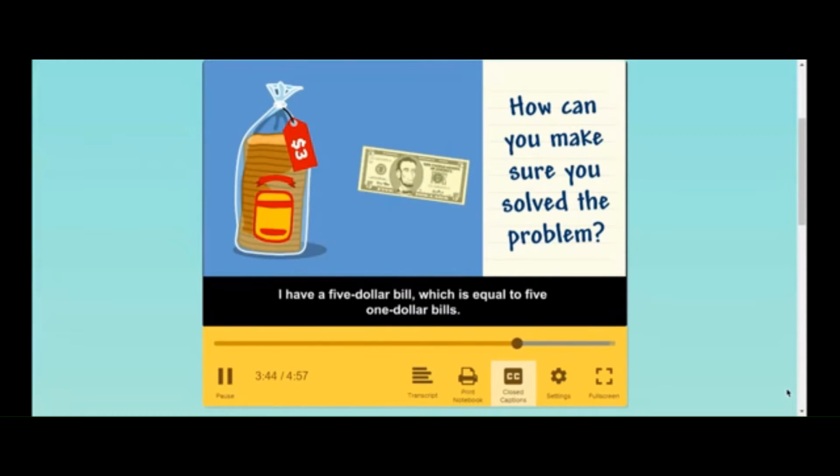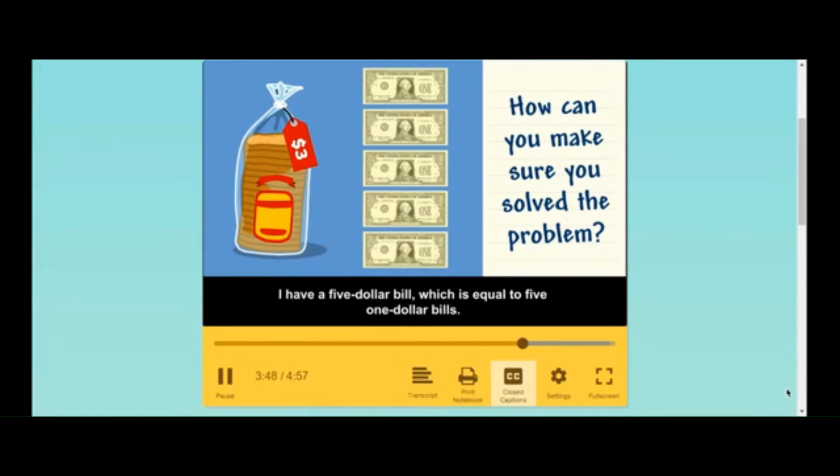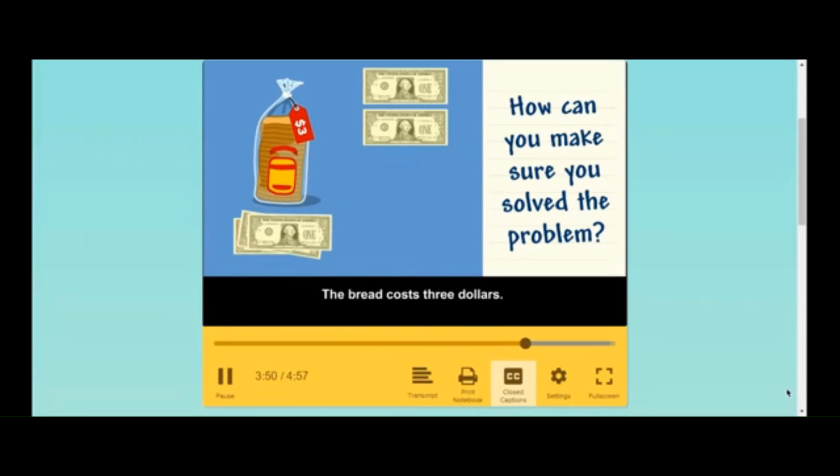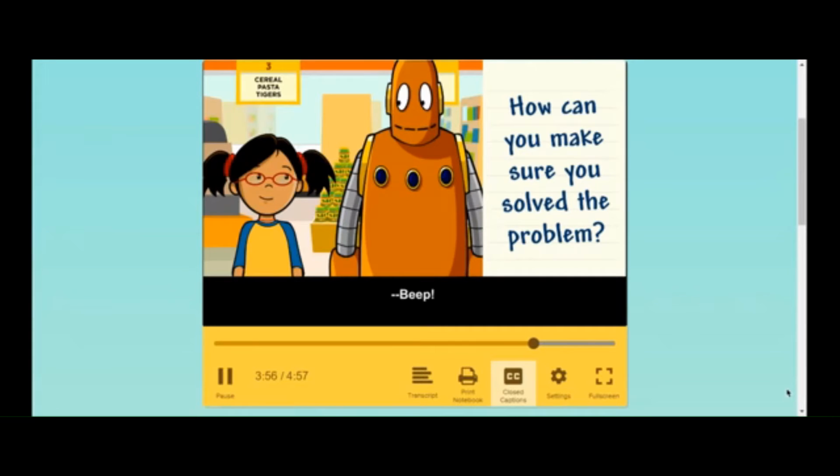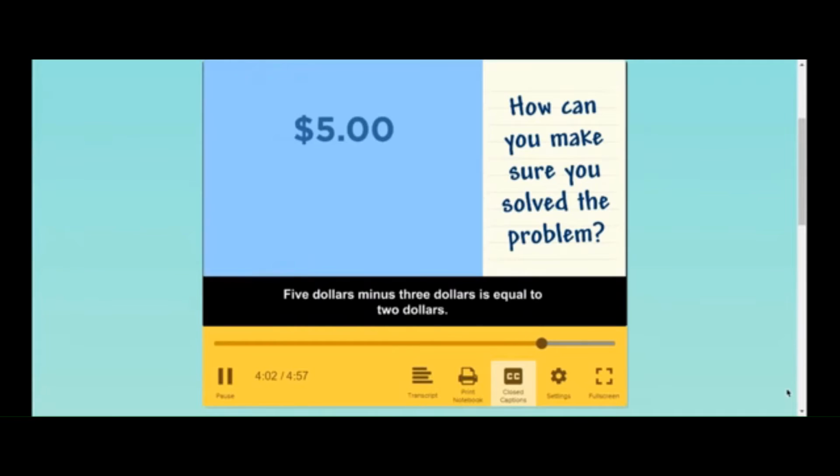I have a $5 bill, which is equal to 5 $1 bills. The bread costs $3. That means I should get $2 back. Now I need to check my work. I can write a number sentence to check. $5 minus $3 is equal to $2.